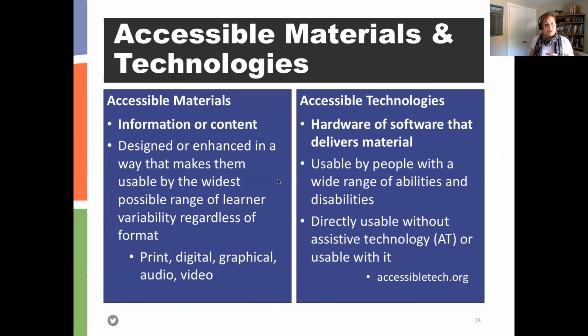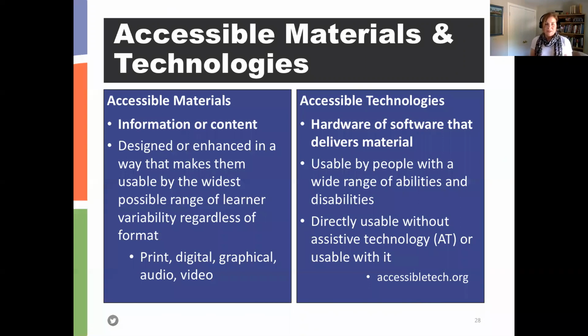So how does this relate to materials and technologies? It's really important to understand the distinction between a material and a technology in addition to what accessible means, because in order for students to have full access, both need to be accessible. So the technical aspect of this is really critical. A material is the information or the content that delivers the information to the student. So it's the ebook, the website, the simulation, the content of the curriculum.